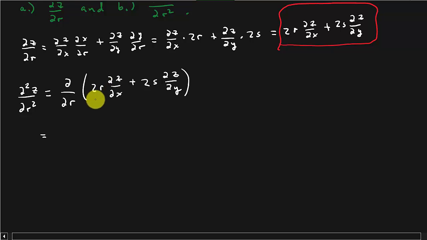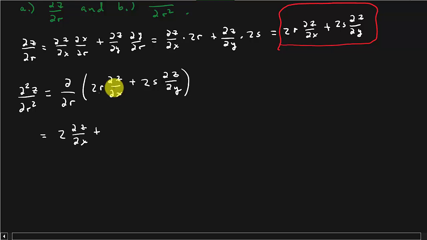So that's the derivative of this one times this one: the derivative of 2r, which is 2, times the partial of z with respect to x, plus the partial of this second term here.